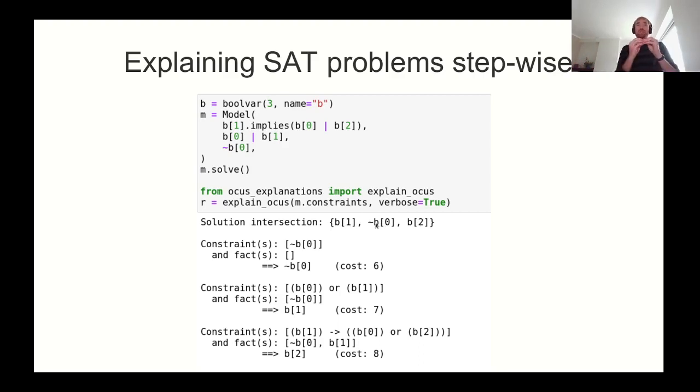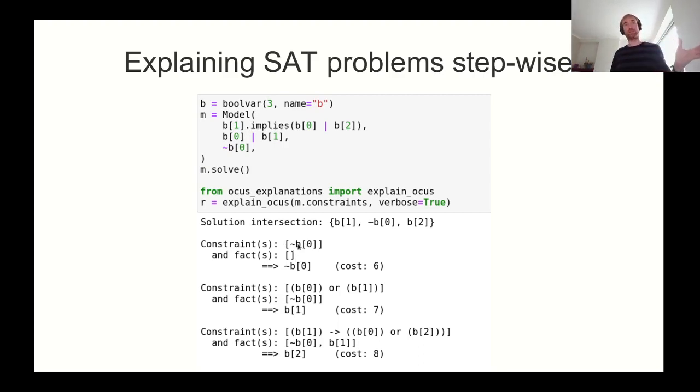What we actually want to do is explain in small steps what combinations of constraints lead to each of these literals. And in each step, we want the explanation to be as small as possible. Small means that if you use a literal, it has cost 1. If you use a constraint, it has cost 5. And so we use these optimal unsatisfiable subsets.